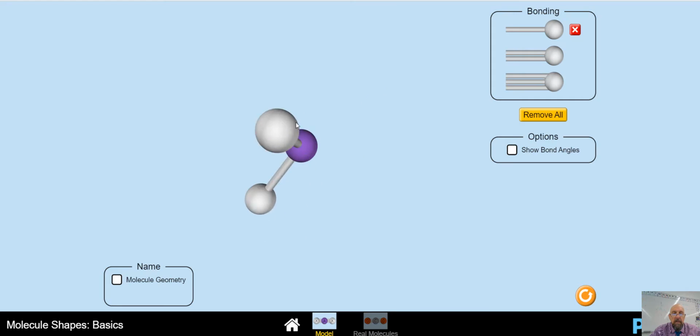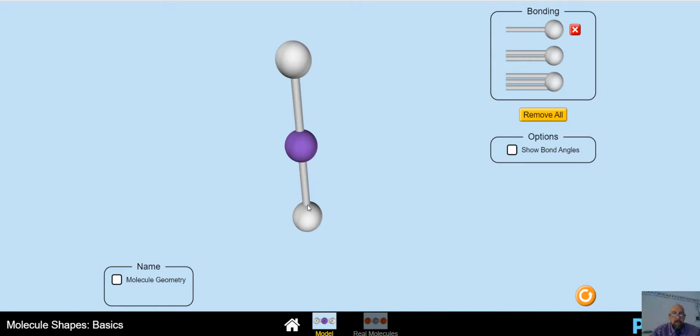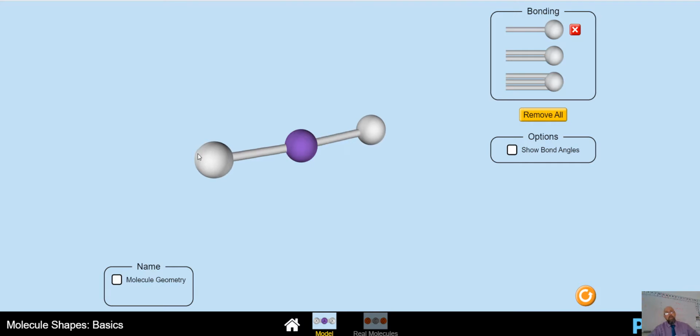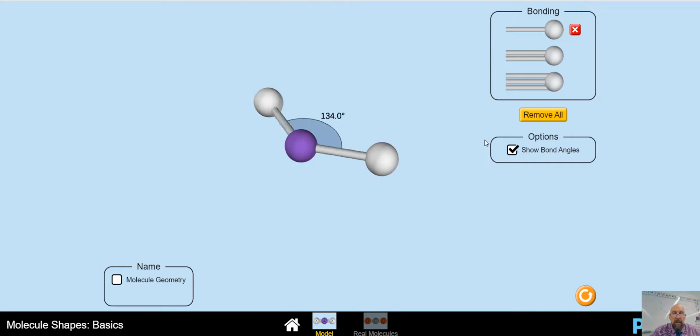What I'm going to do now is add a second set in, and what you'll notice is that the middle atom moves along with the two outside atoms, but this is a section of bonding electrons here, and this is a section of bonding electrons in here. No matter how hard I try to make this into a V shape, if I've only got two sets of electrons around the central atom, the bond angle is going to be 180 degrees.